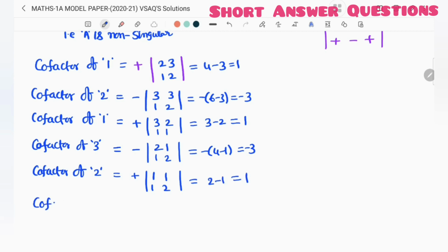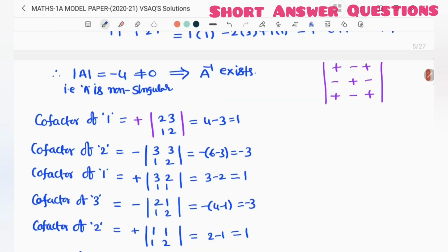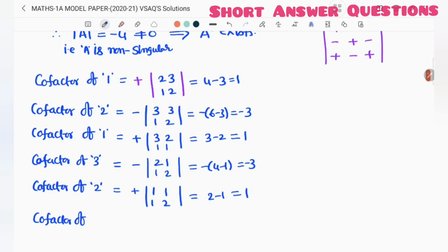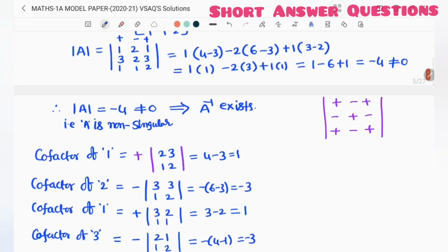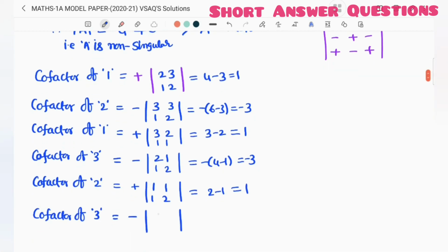Next, the cofactor of 3 means eliminating the third column and the second row: 1 2, 1 1.